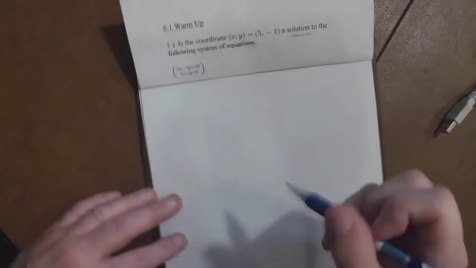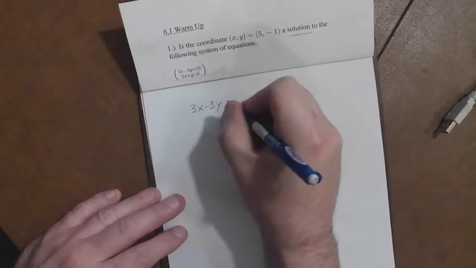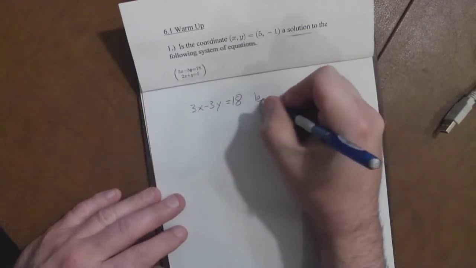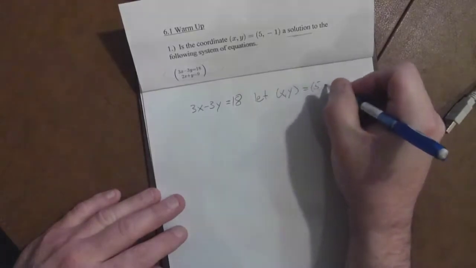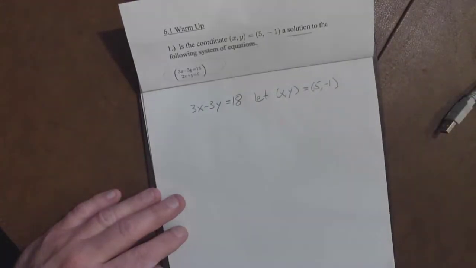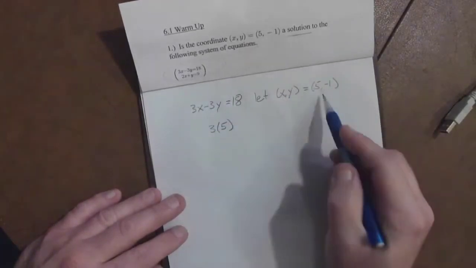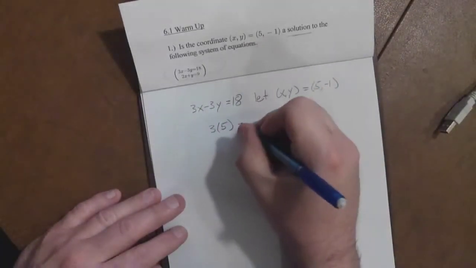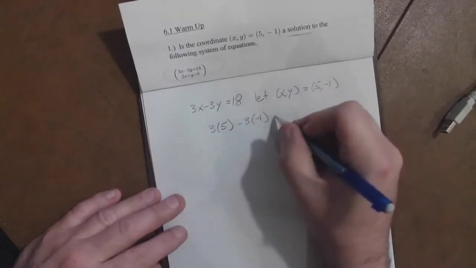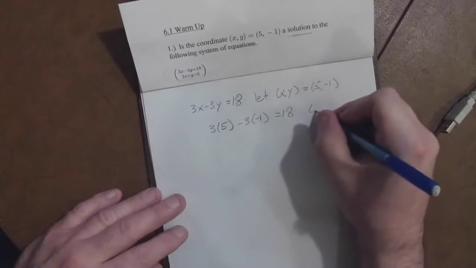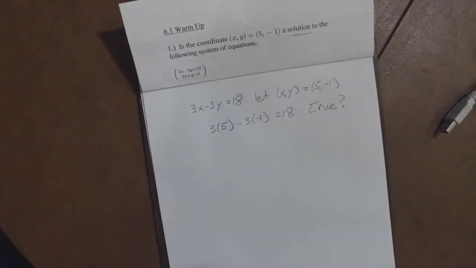For instance, if I take this first equation here, 3x minus 3y equal to 18, and I let (x, y) be equal to the value (5, -1), that does mean I just substitute in for the value of x, the value of 5, and I substitute in for the value of y, the value -1, and I ask myself, is that statement true?